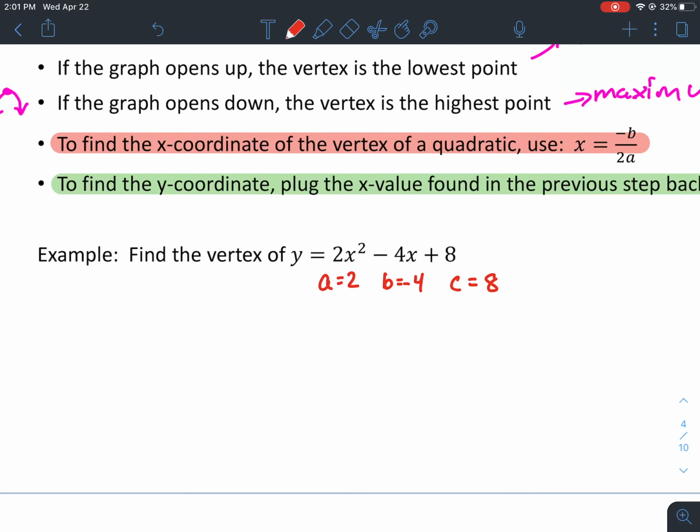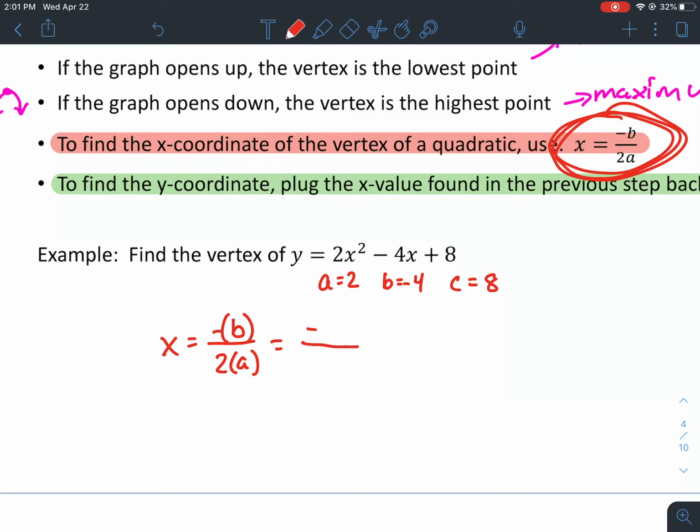So using this equation right here, x equals negative b over 2a. Now, if I plug these in, negative b, my b value is negative 4, over 2 times a, which is just 2.